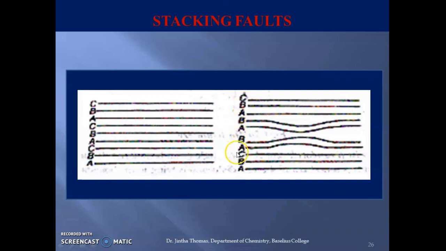So this area AB, AB would correspond to an HCP arrangement. This region would correspond to a plane defect called a stacking fault that originates from a difference in sequencing of planes in this particular part of the crystal.